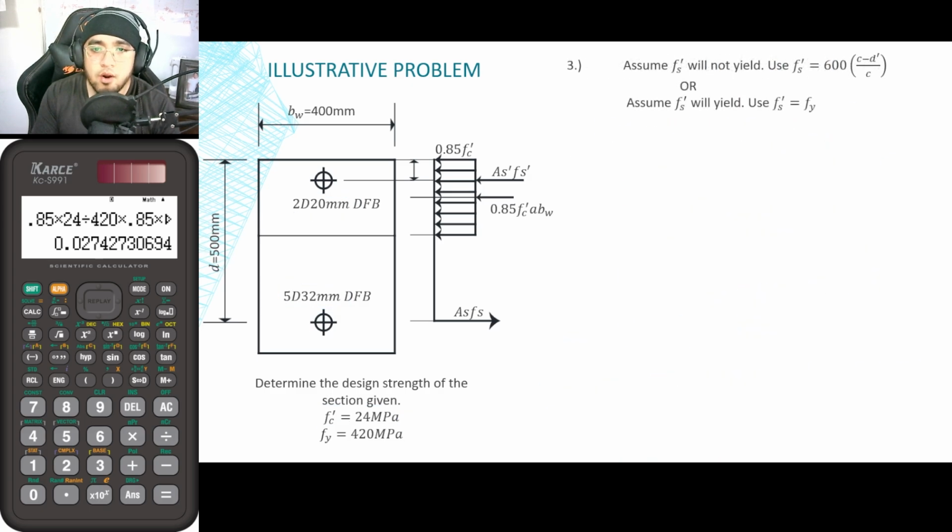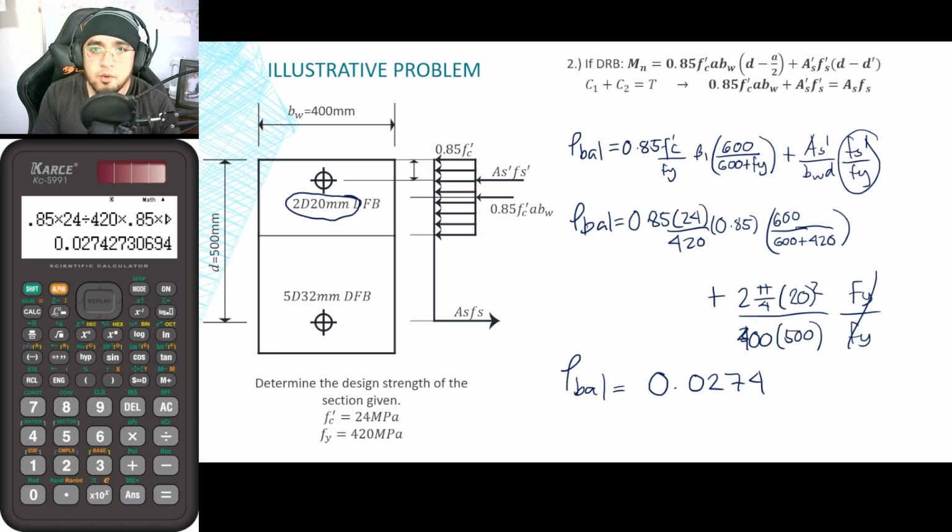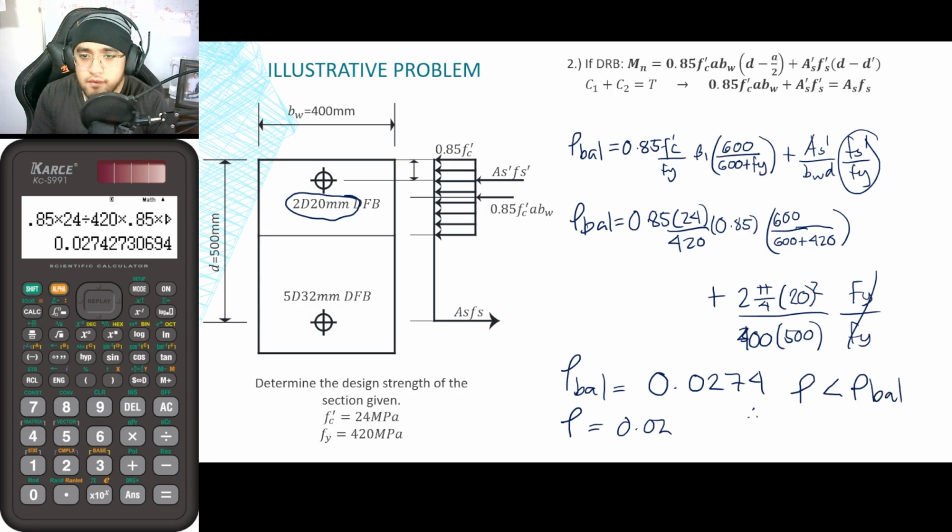So our rho balanced is equal to 0.027 and our actual rho was 0.02. From that, we can say that the value of rho is less than rho balanced. Since we have less than the rho balanced, it means that Fs will yield. Thus, Fs is now equal to Fy in our analysis here.